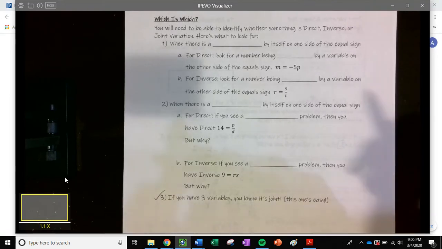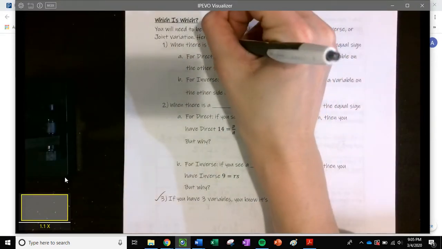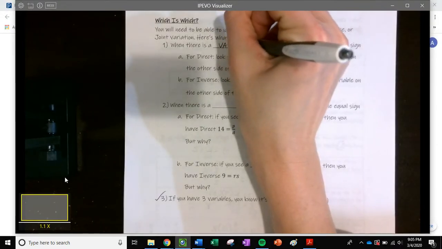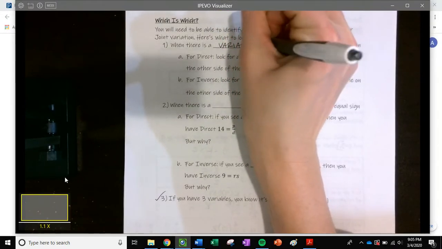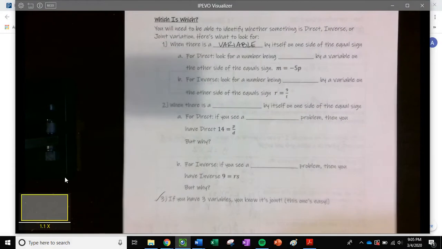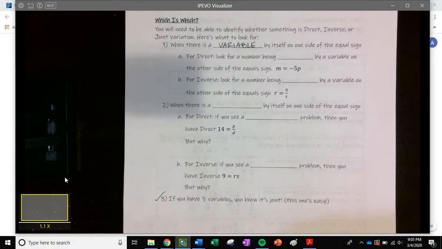But let's get back up here. For scenario number 1, when there is a variable by itself on one side of the equal sign, which is how we learned our formulas, right? It was always y equals blah, blah, blah on the other side.